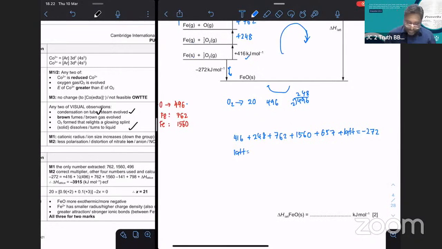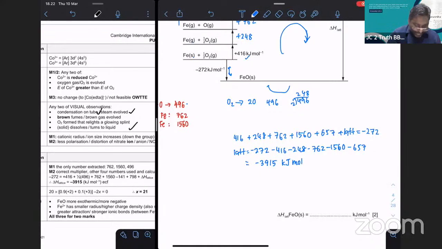Lattice energy is going to be negative 272 minus 416 minus 248 minus 762 minus 1560 minus 657, and then you will get the answer. Once you do all this, the lattice energy will end up being negative 3915 kilojoules per mole. So you just need to write that down.